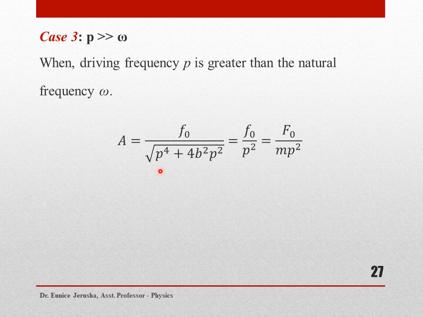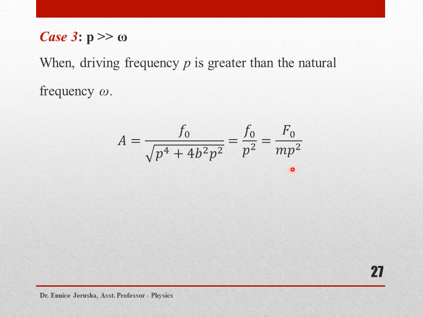The reason we have P power 4 here is that omega square becomes a very small term and is neglected. Therefore, we have P square the whole square, which becomes P power 4. The second term here contains P square, which is much less compared to the P power 4 term. Therefore, the square root of P power 4 gives us P square, and substituting for F0, we obtain F0 by M P square.